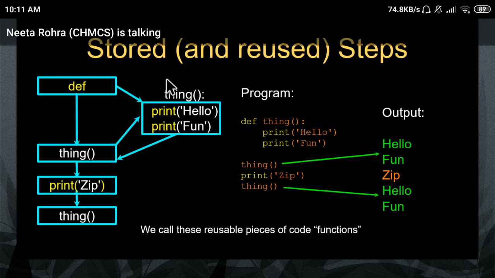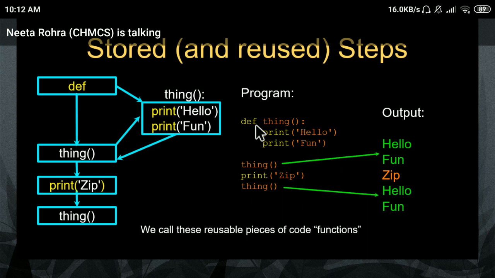Stored steps. What do you mean by stored steps in the function? So, assuming I have this program, check the indentations of the program. The moment you run your Python program, the first step it is going to execute is this. Since it starts with def, it symbolizes that you have a definition of a function.